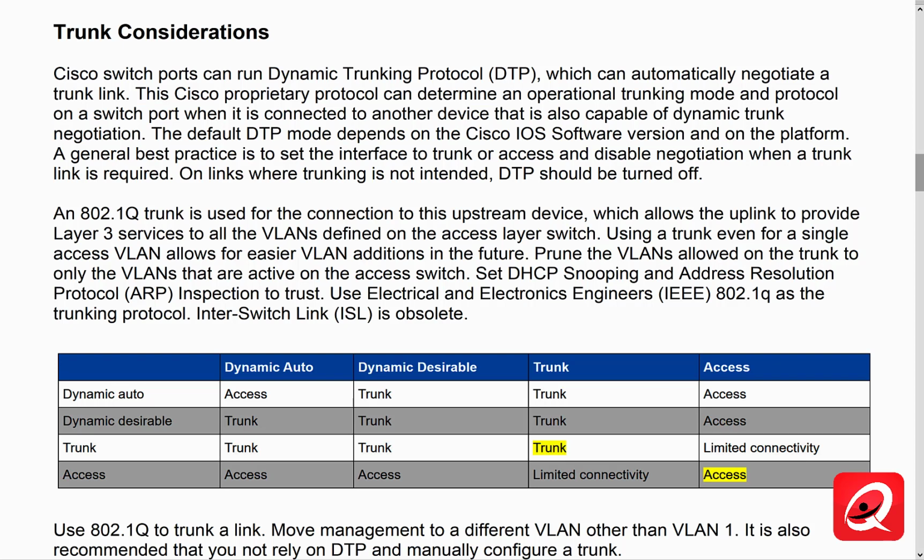There is an application you can download called Yersinia. It is a Linux-based tool that allows you to generate various types of layer 2 and some layer 3 LAN connectivity protocols. And one of those protocols is DTP.